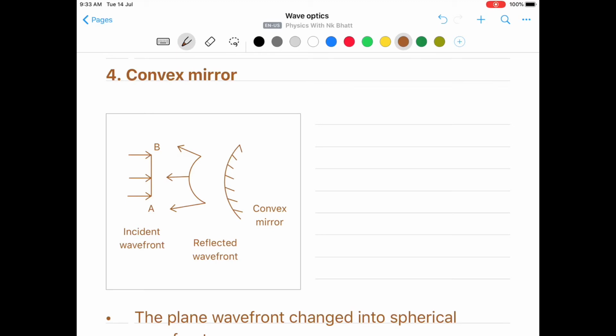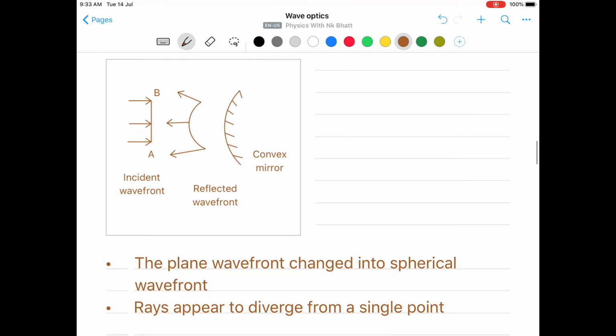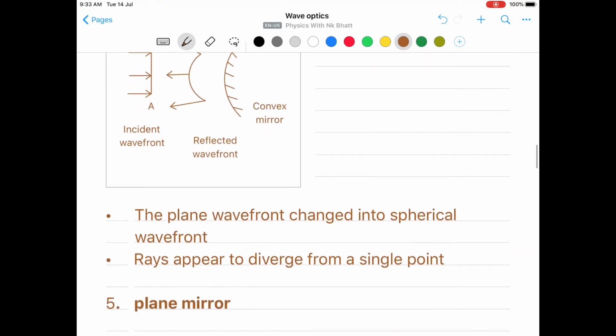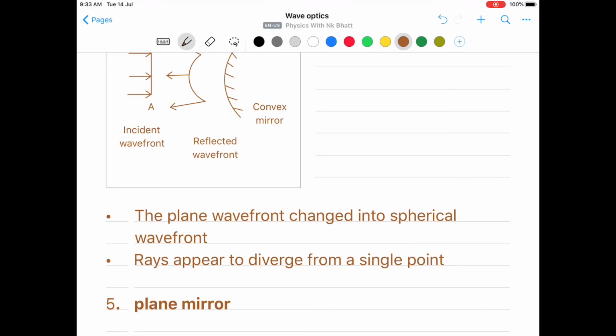After getting reflection, the shape of this wavefront has changed into spherical wavefront, and the rays, you can see, appear to diverge from a single point. If you produce them backward, they will definitely meet at a single point. That point will be the point of divergence. So these two outcomes we can list again here. The plane wavefront changed into spherical wavefront, and rays appear to diverge from a single point.